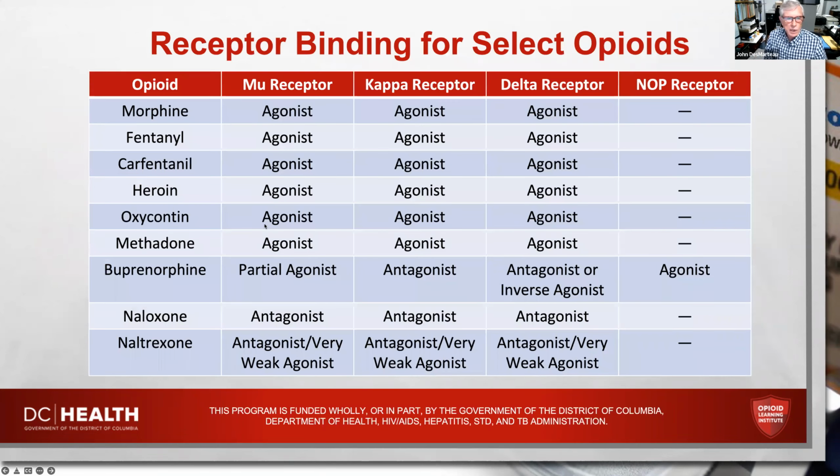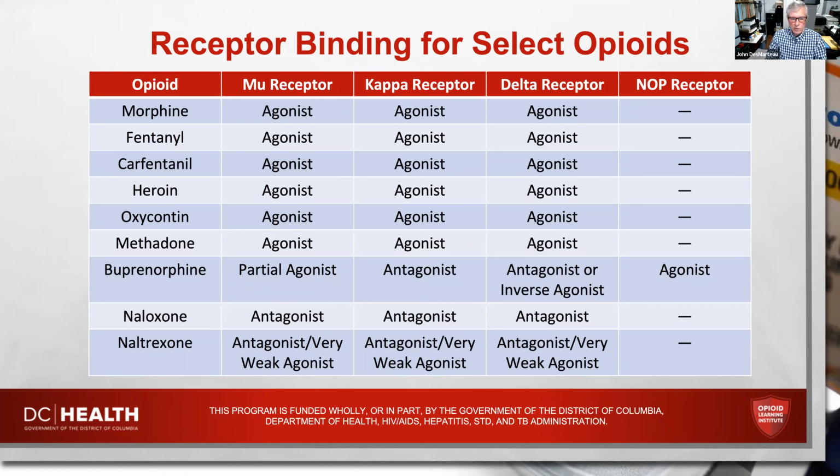All right, now here's a table which actually looks complicated, but isn't. You can think of it this way. Almost all of the opioids are agonists at the mu, kappa, and delta receptors and have no activity at the NOP.